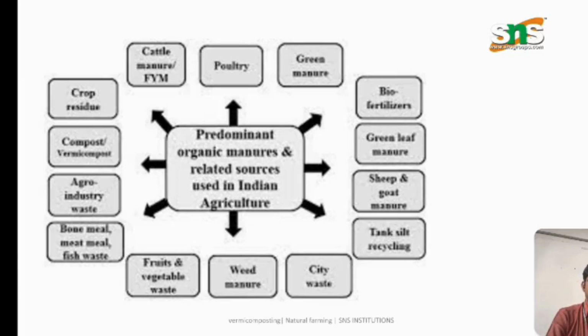Predominant organic manures and related sources used in Indian agriculture are: cattle manure, poultry manure, green manure, biofertilizers, green leaf manure, sheep and goat manure, town waste recycling, city waste, weed manure, fruit and vegetable waste, bone meal, meat meal and fish waste, egg industry waste, agro-industry waste, compost, vermicompost, and crop residue.